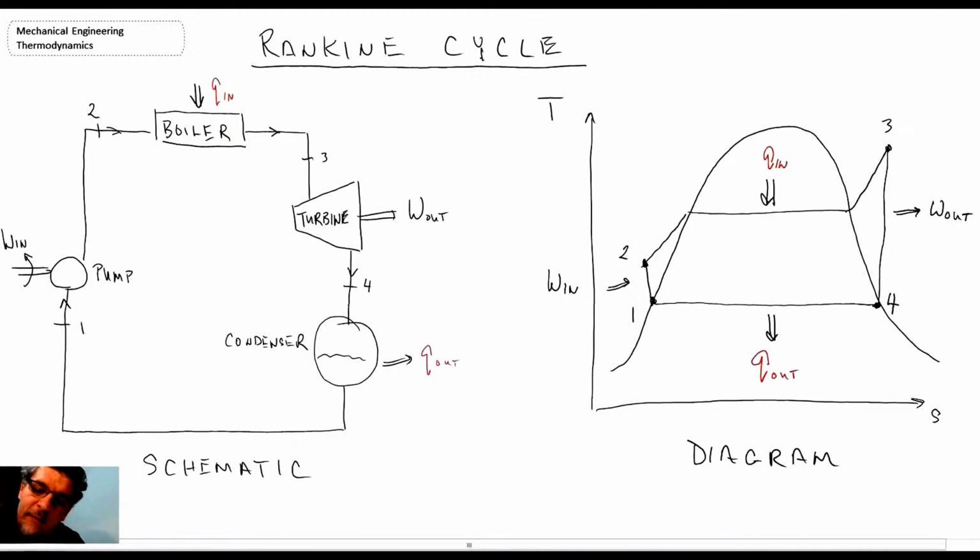Let's begin by writing out an equation for the net work. The net work is the work out minus the work in, and that can also be expressed in terms of the heat transfer, the heat in minus the heat out.